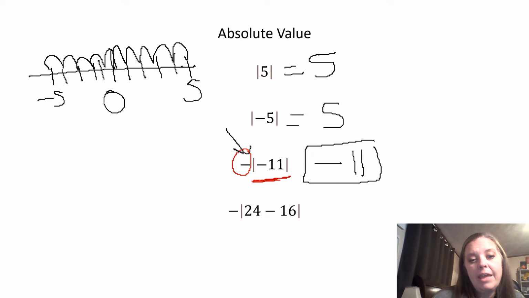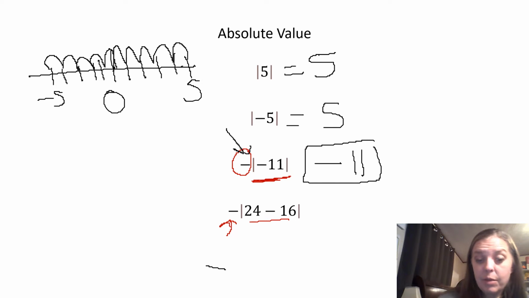Now, if you have work to do inside of the absolute value signs, we treat them just like parentheses, so we're going to solve inside of that first. Now, this negative is here, so I'm not going to lose it. I'm not touching the negative, I'm going to bring it down.